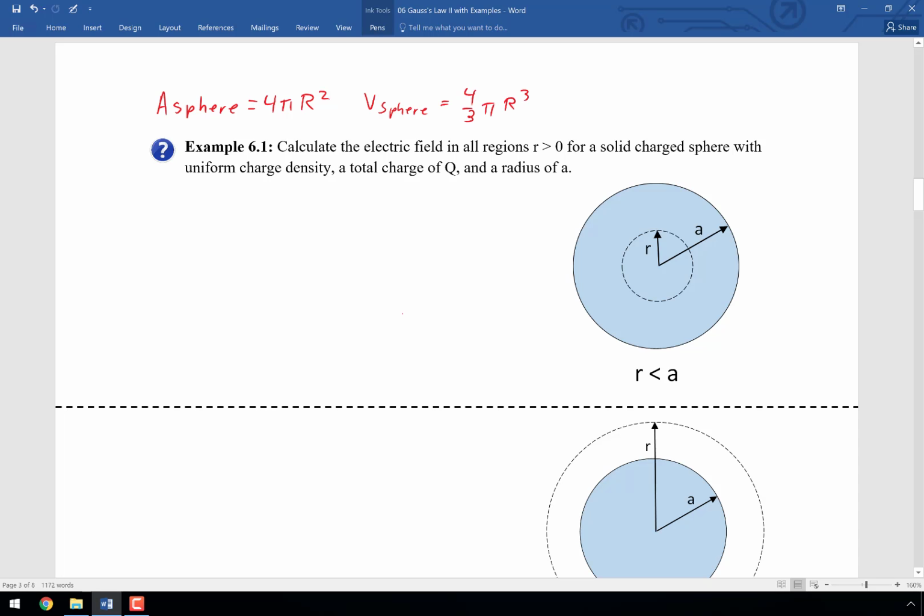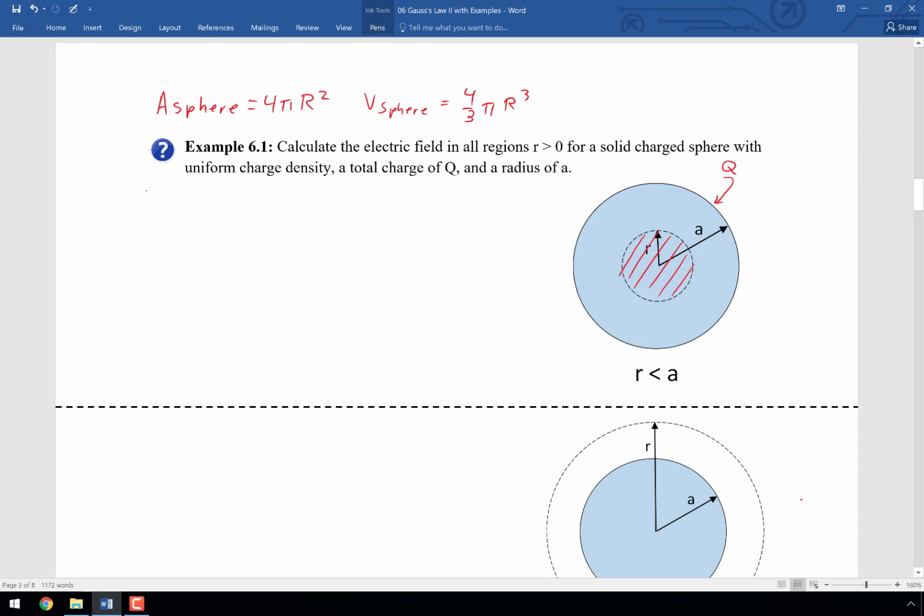Now you might have those on the tip of your tongue, but if you didn't, now they're at the top of the page here. Let's go ahead and calculate the charge density that's enclosed inside the Gaussian surface. So how much charge, how much Q enclosed, is inside of that surface? Well, I know that this entire sphere contains a charge of Q.